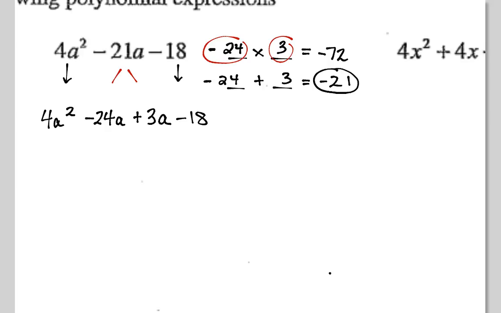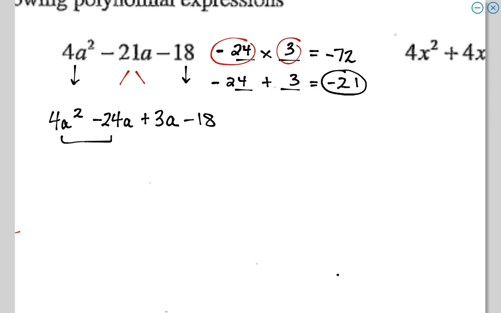What's the common factor out of the first pair? 4 for sure, but is there also a variable? One single a. When you divide 4a out of the first term, you'll get a, and then the next term will be minus 6.